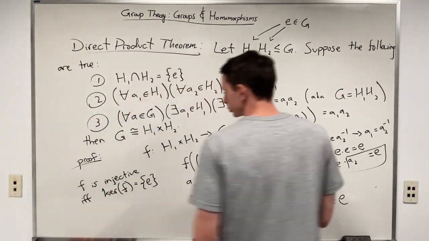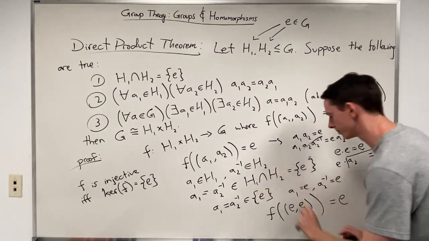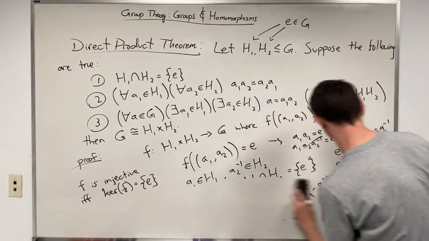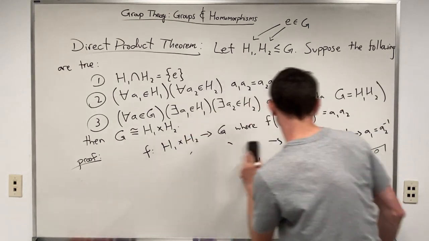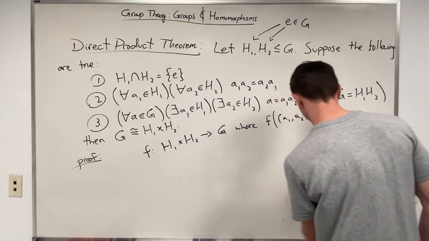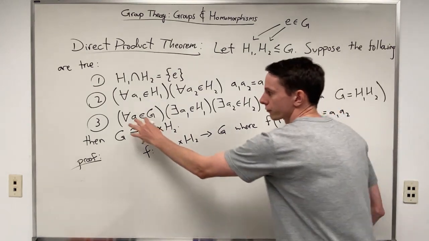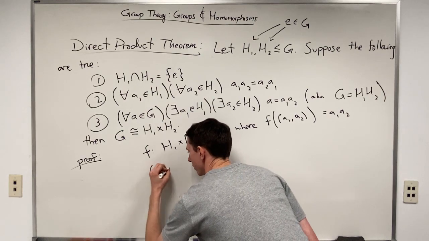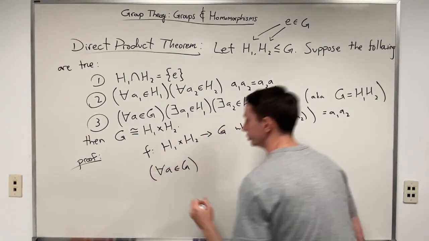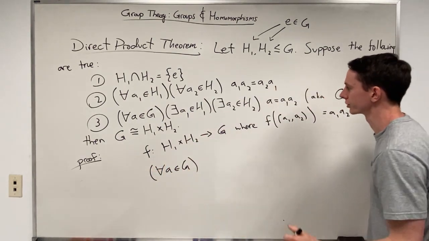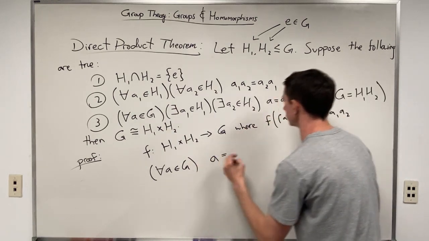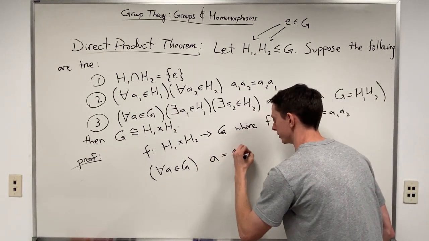So maybe another way of just writing condition 3, and maybe let me erase the bottom of the board so I have room to write this. Again, this is to show that it is surjective. For all elements in G, for all elements in the codomain, we have A equals A1, A2.